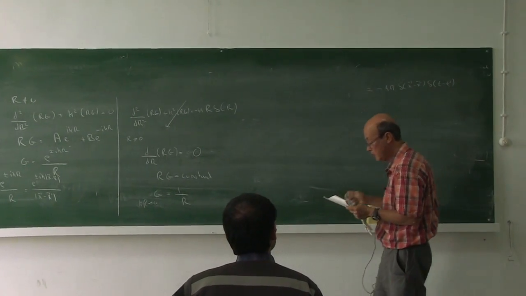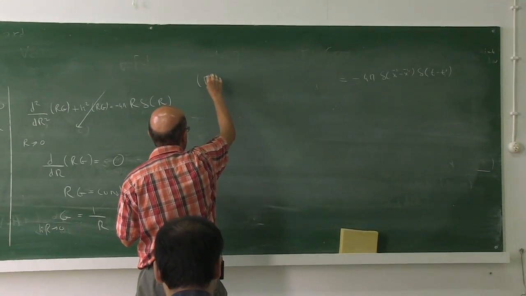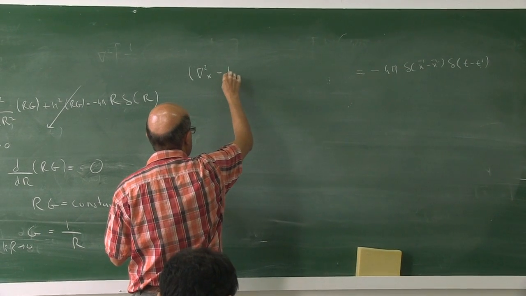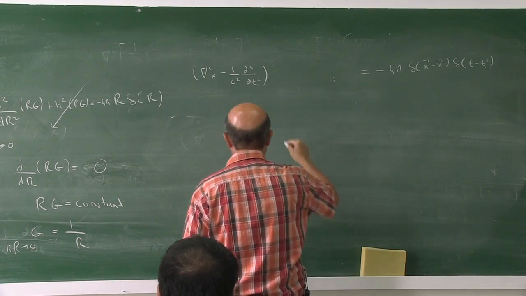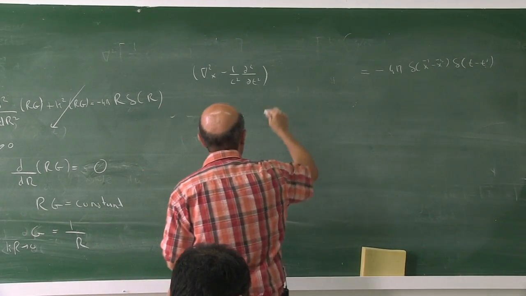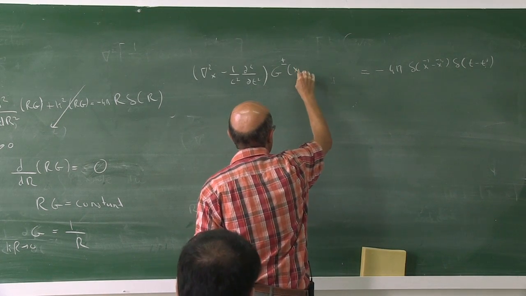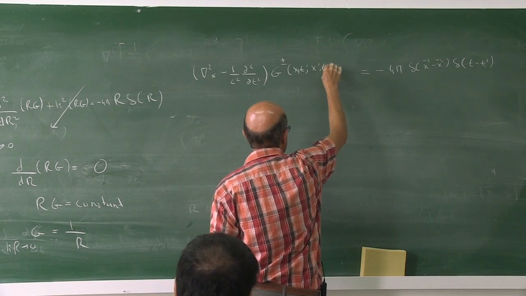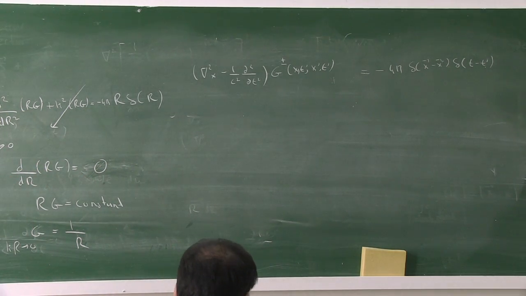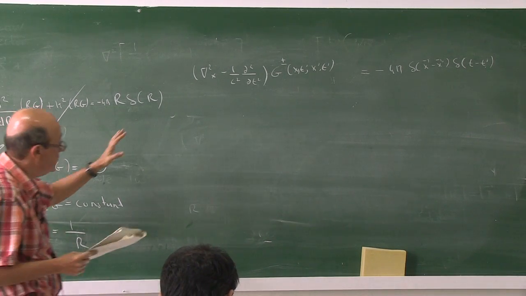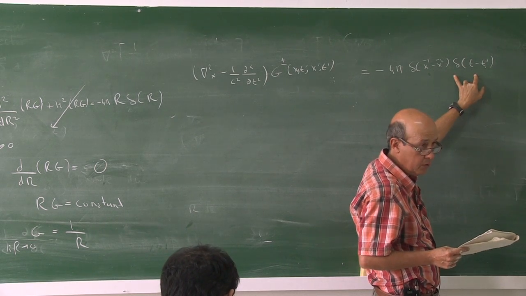So this is the source in terms of delta functions. And for the left-hand side, we have del square minus 1 over c square del square over del t square, and we have some Green's function G plus minus of x t, x prime t prime. So this is a wave equation. Now here the source includes the time also.